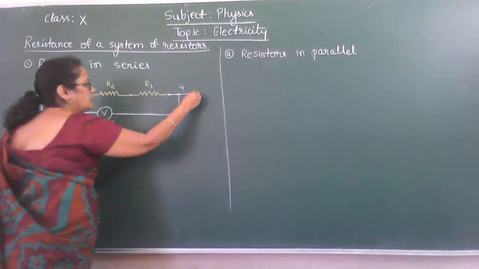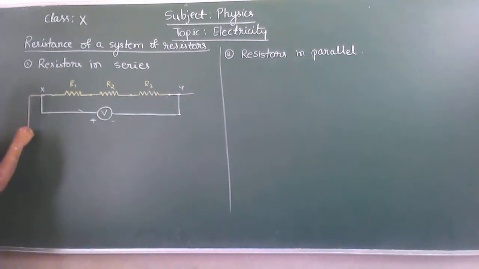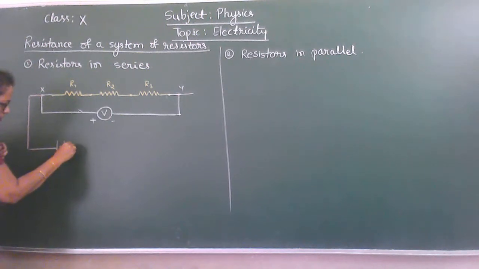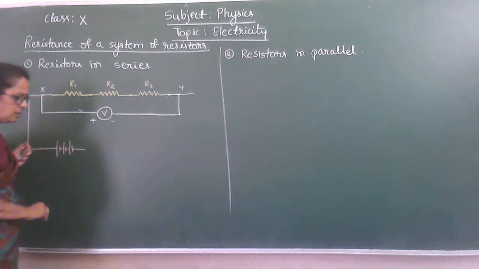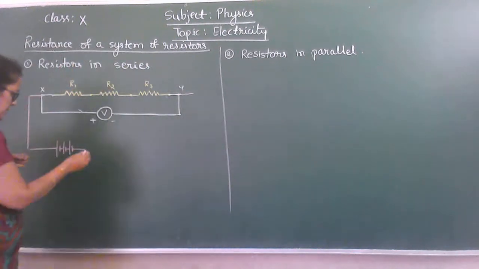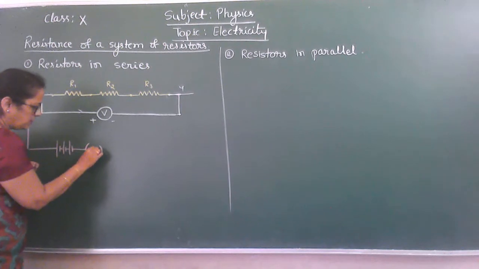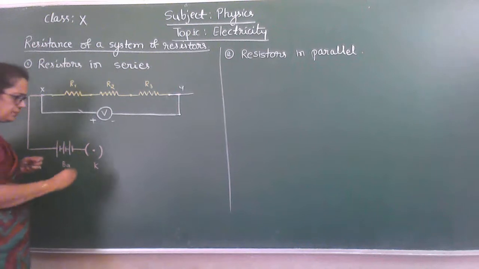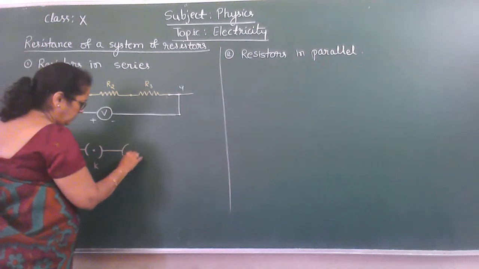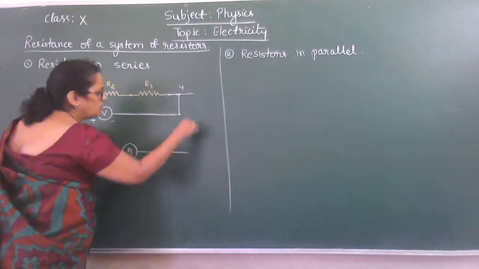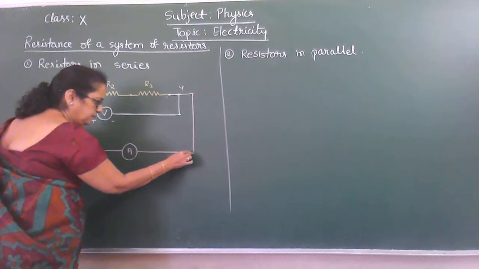Always use a scale, children. Here I am not using one, but while drawing this you use a scale. So this system is connected to a battery, which we studied in the components and symbols, and meantime it is connected to a key. This one we call a battery, key, and another thing is the ammeter.